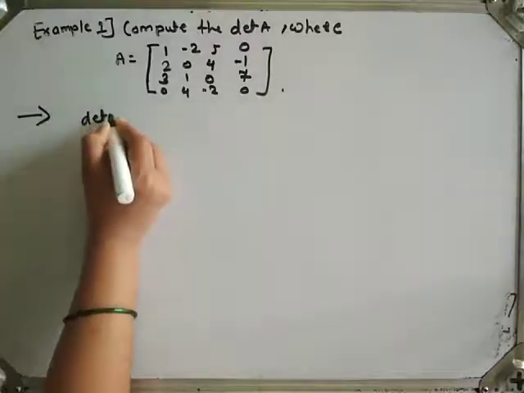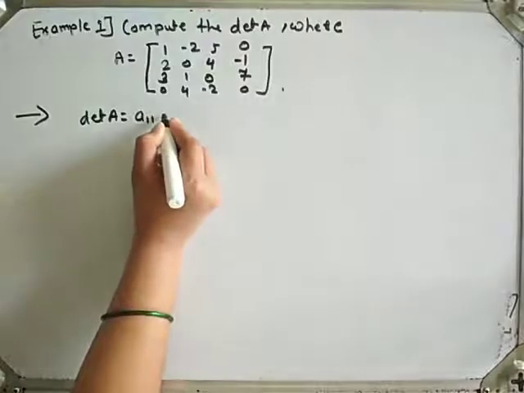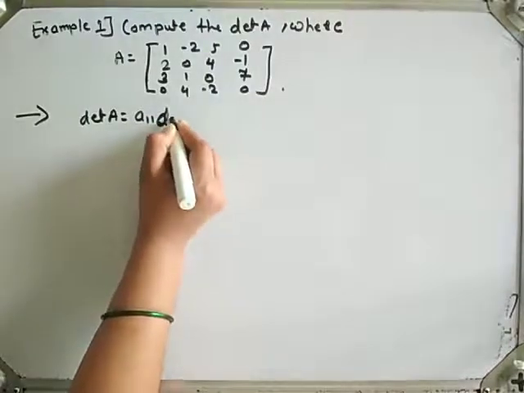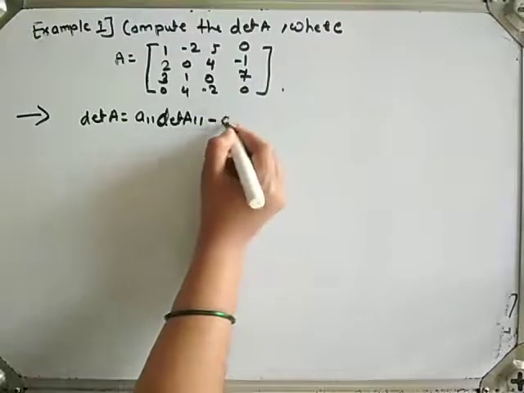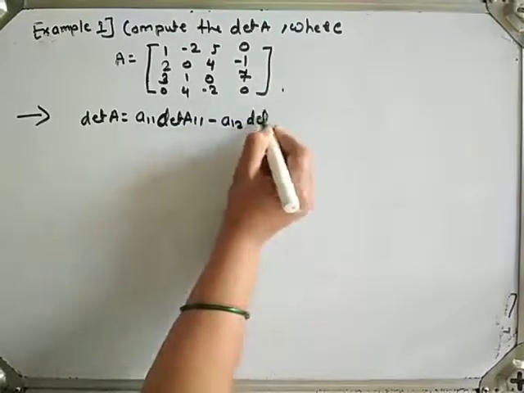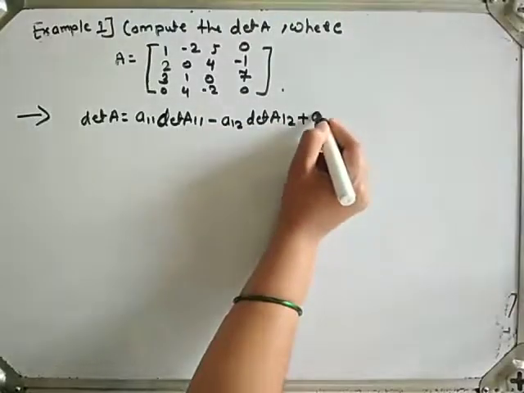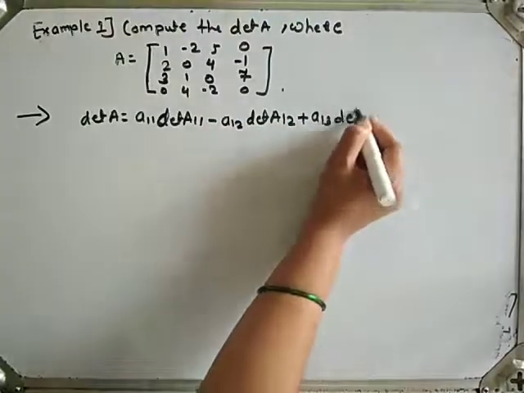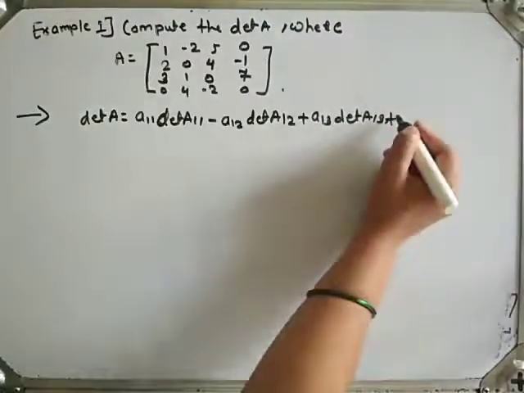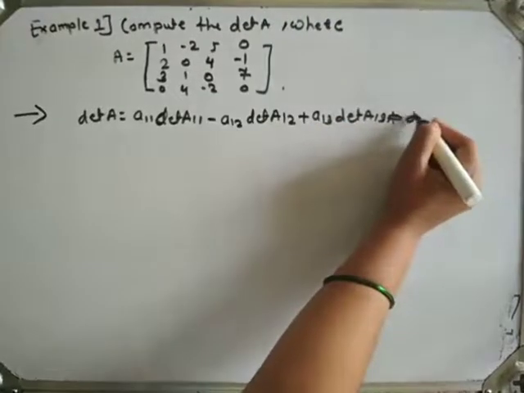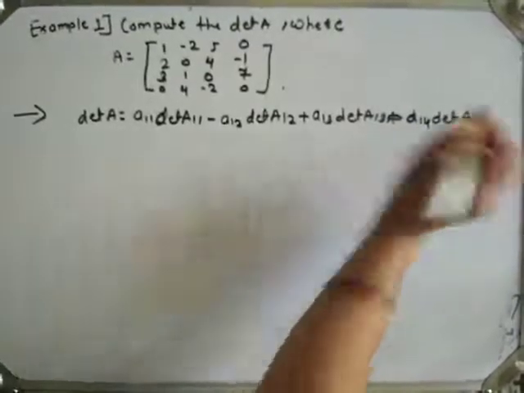Therefore, determinant of A is equal to a11 into determinant of A11, minus a12 into determinant of capital A12, plus a13 into determinant of A13, minus a14 into determinant of A14.